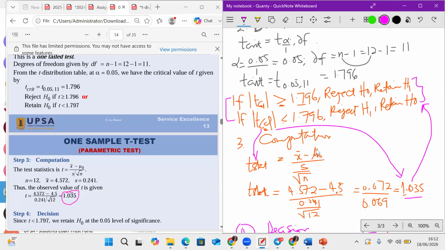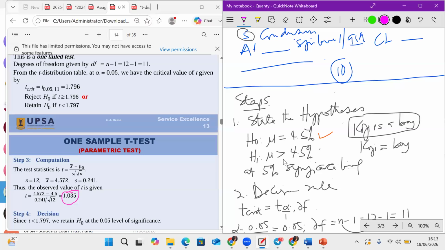The H1. So look at what the H1 is. H1 says it is more than 4.5%. And the H naught, or the null hypothesis, says it is 4.5%. So if we are rejecting H1, what will be our conclusion?